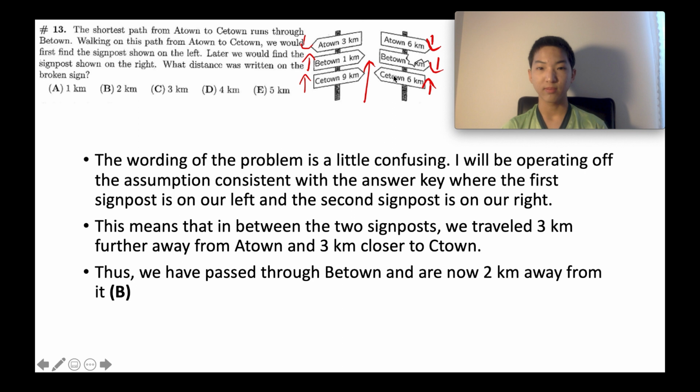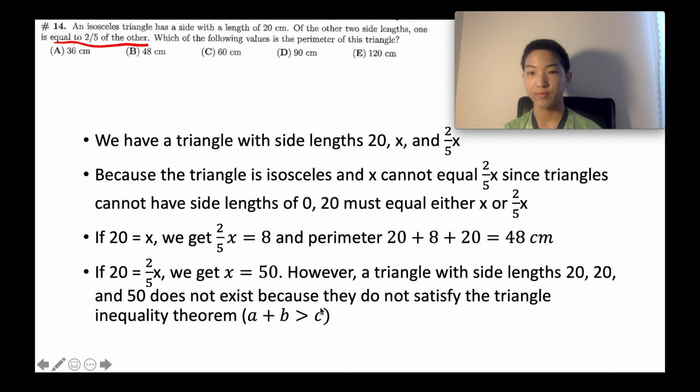However, a triangle with side lengths 20, 20, and 50 does not exist because these side lengths do not satisfy the triangle inequality theorem, which is the sum of any two sides, in this case A and B, must be greater than the third side, C. So for here, the sum of the sides 20, 20 does not exceed 50. Thus, this solution is extraneous, so we can just cross it out, and we only need to worry about this perimeter, which is 48.